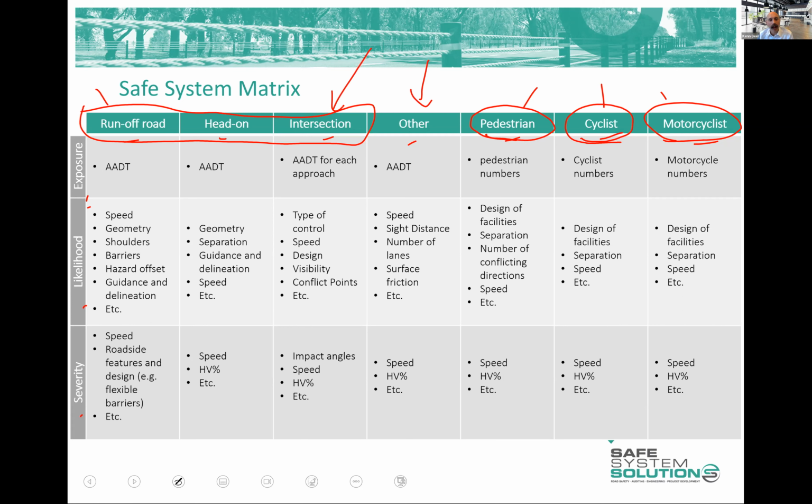The other category would be if it's a pedestrian crossing mid-block, a school crossing, maybe emerging from a driveway, or these sorts of things. So they're the crashes. Think about them in those categorizations, and hopefully that's reasonably clear for you.